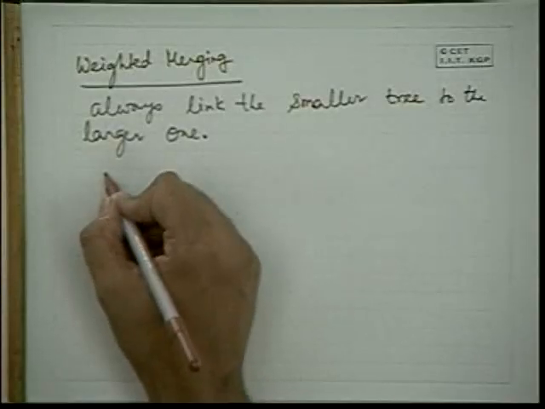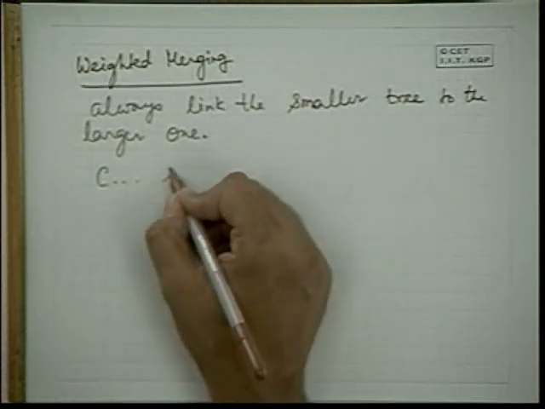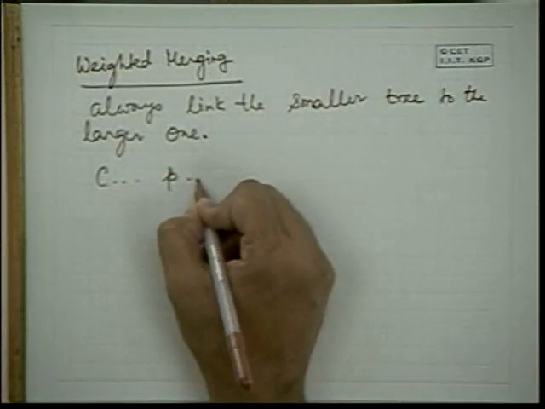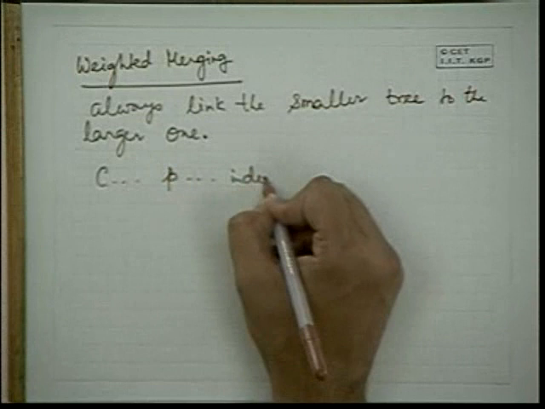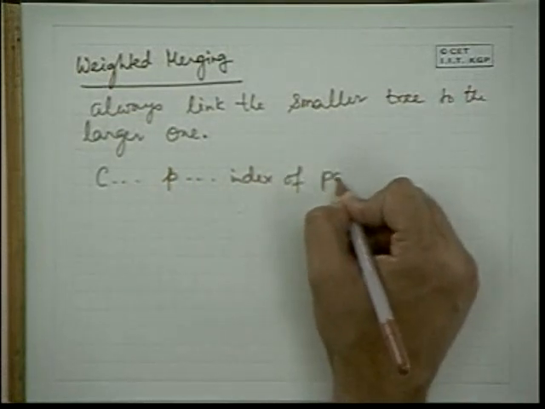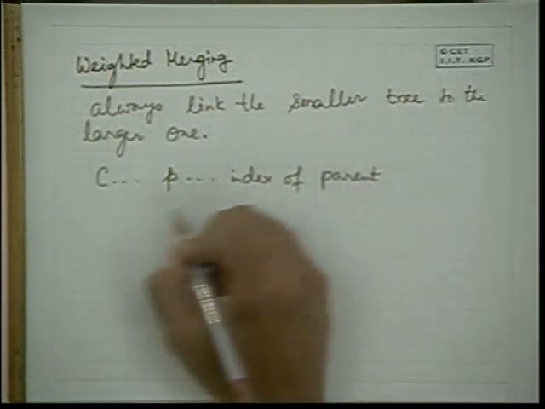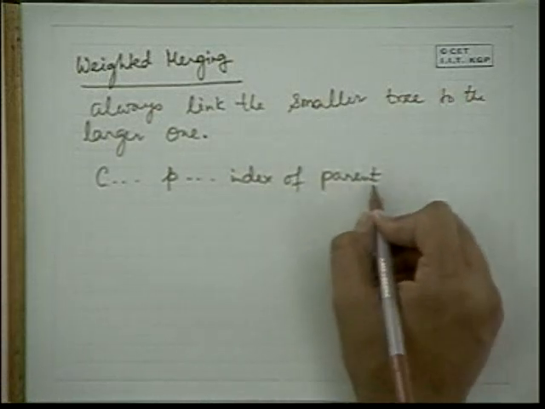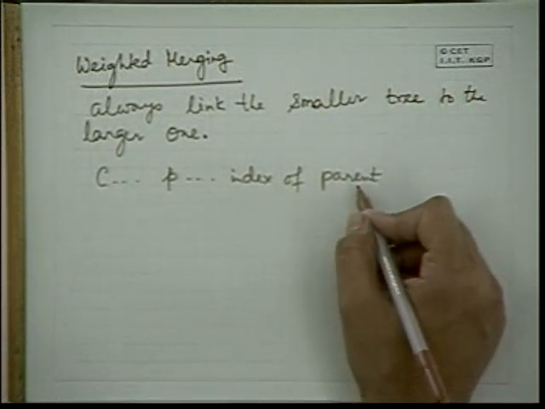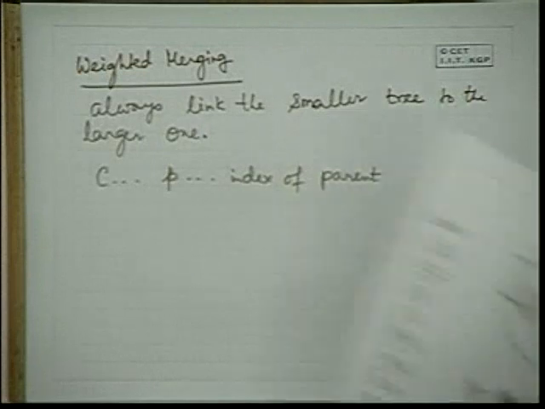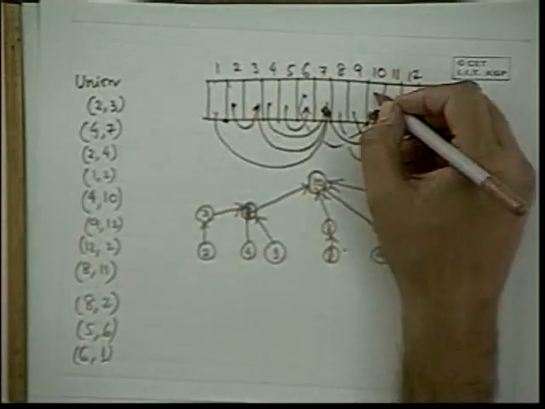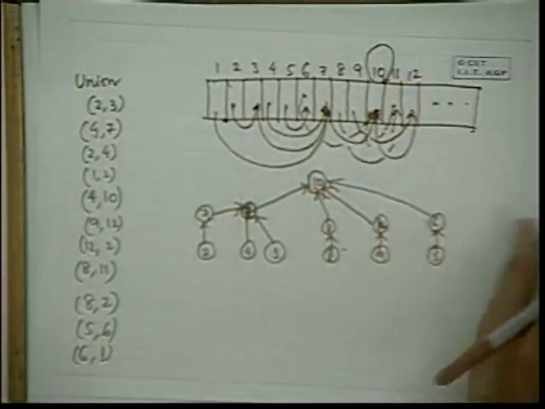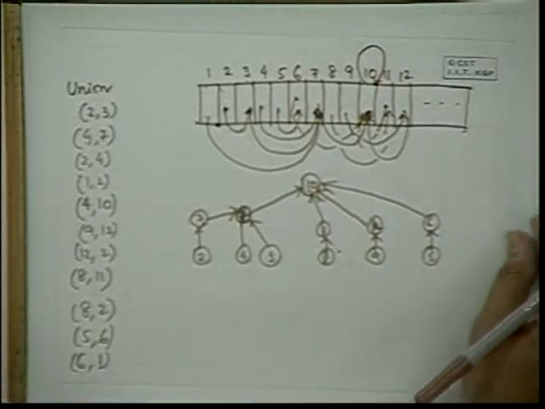So, I am going to now write the algorithm. I am assuming that the array has these fields. One is P, that is the index of parent, and it is itself if it is a root. So, in this example 10 is the root, so this will have a pointer to itself, to designate that it is a root.